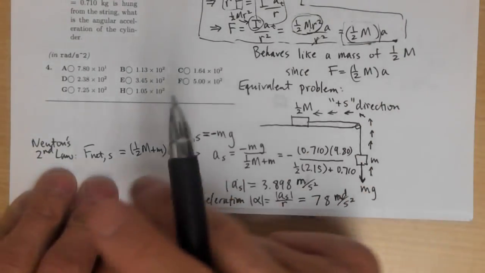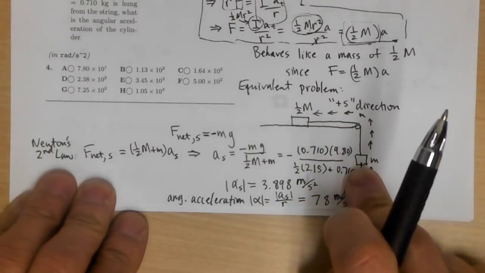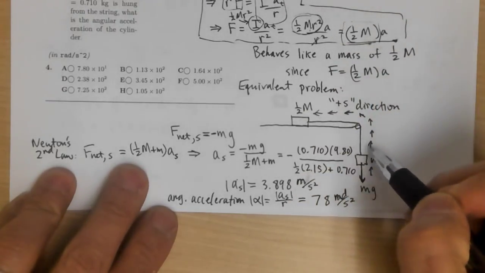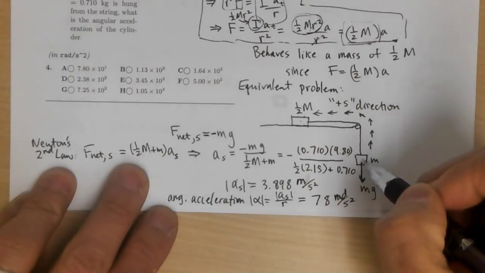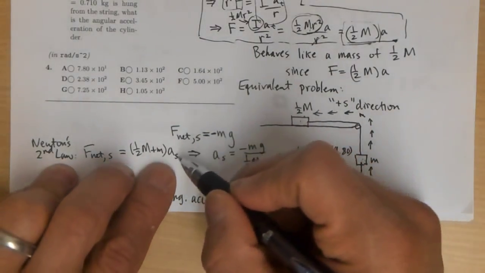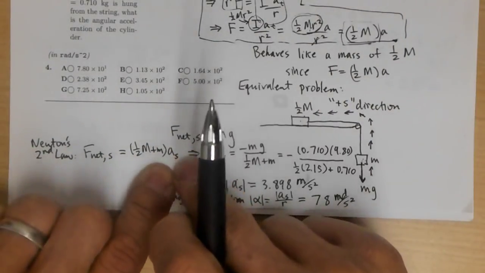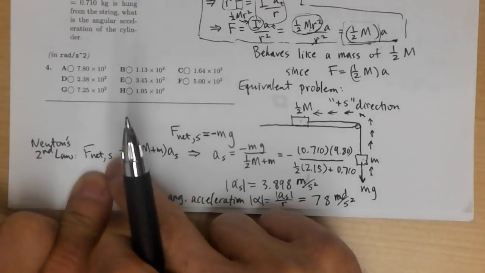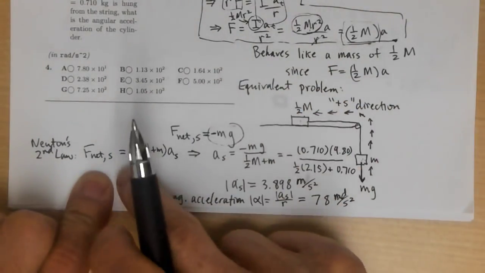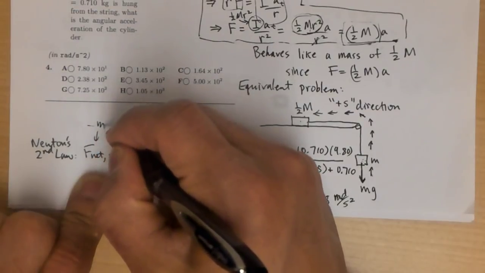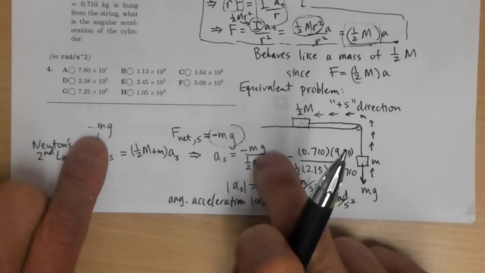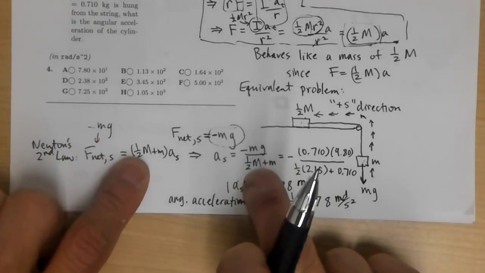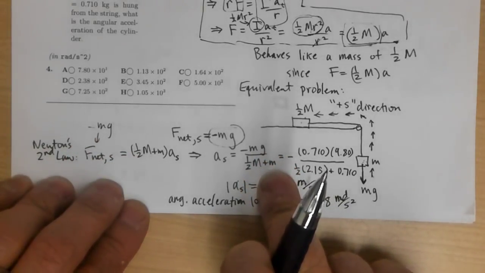Now I'm going to apply Newton's second law to this system of the two blocks. The whole mass of the system is 1/2 capital M plus small m, times the acceleration of the whole system, which is as. That equals the net force in S, which I've calculated here, minus mg. So now I can solve for as. It'll be minus mg divided by the total mass, 1/2 M plus small m.